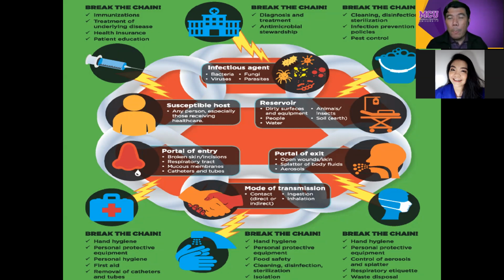So eventually, to break the chain, we always take into consideration hand washing or washing of the wound with antibacterial soap. Thus, it may prevent the portal of entry. But if you did not manage it with the universal precaution of hand washing, then it facilitates the infectious agent entering the body. So that's the portal of entry.